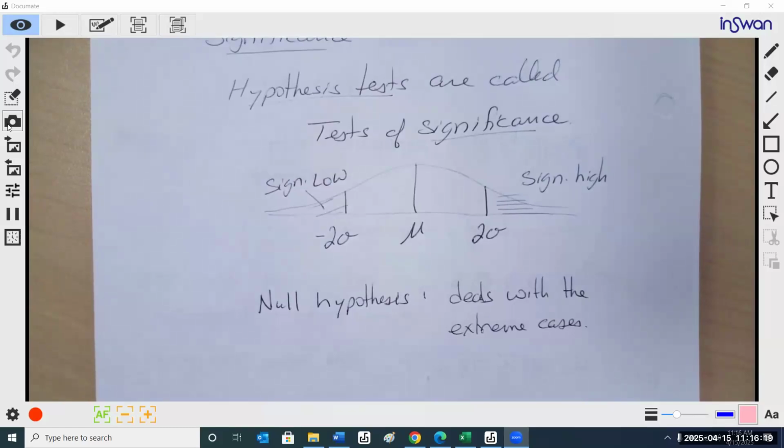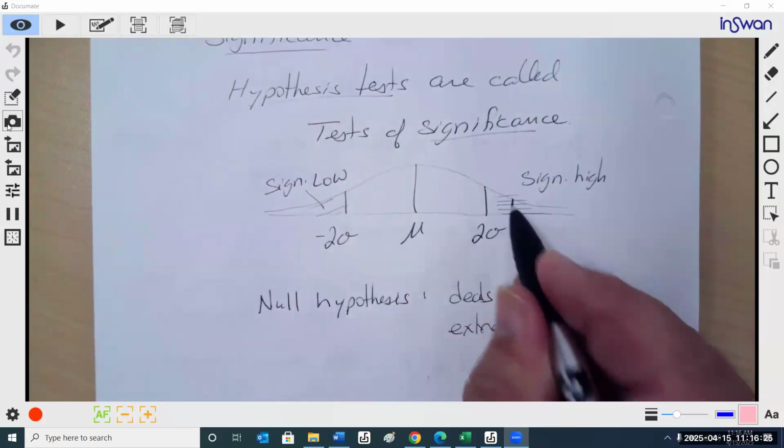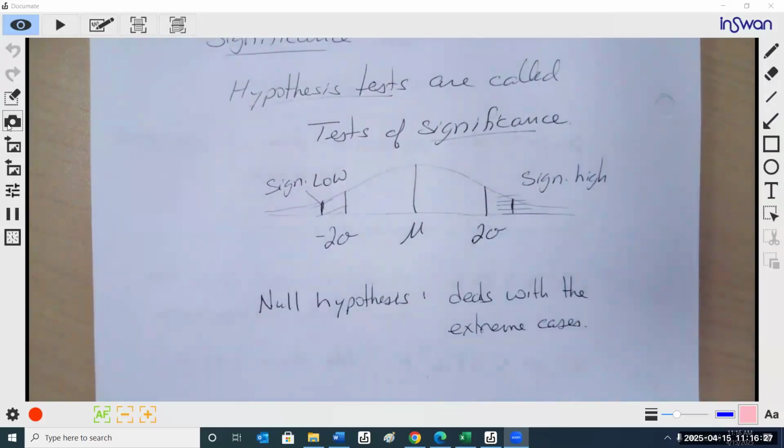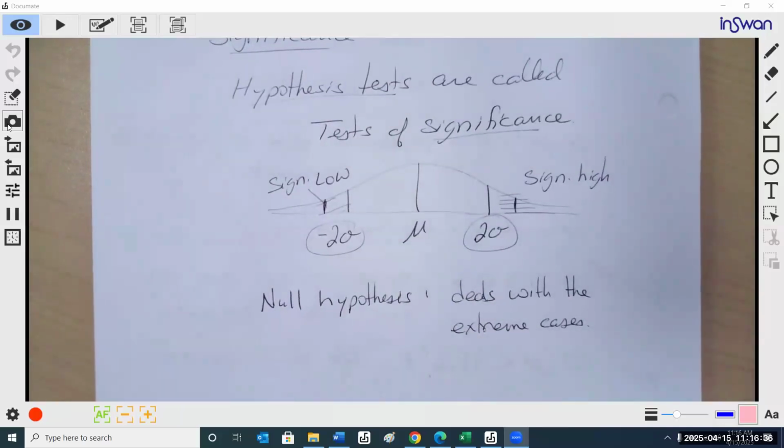In other words, whether we reject or do not reject the null hypothesis depends on whether our values fall within these significantly high or significantly low regions. And we're going to have names for these. Those are called critical values.